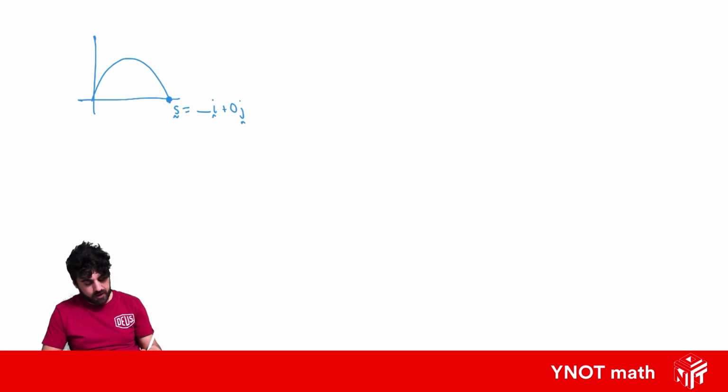So let's go ahead and make the y component of displacement 0. The y component of the displacement is just vt sine theta minus gt squared on 2, all multiplied by j. Now we can factorize out a t.